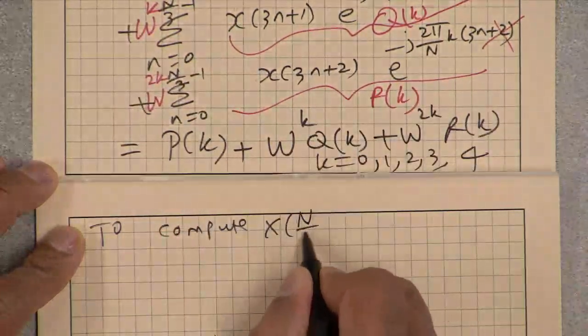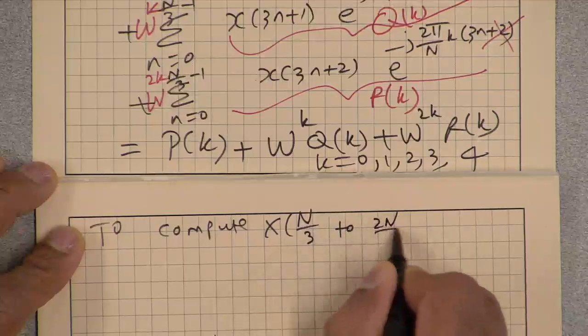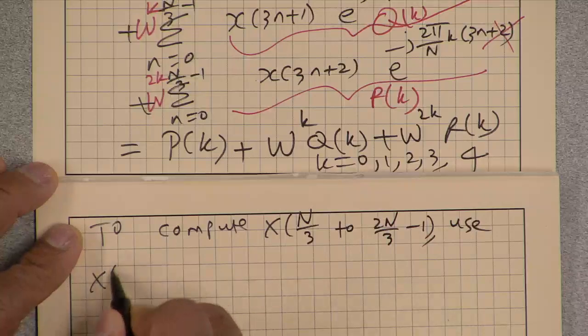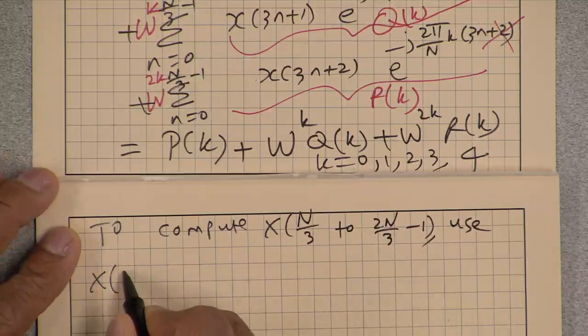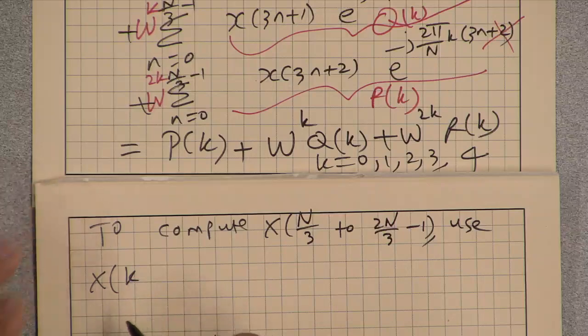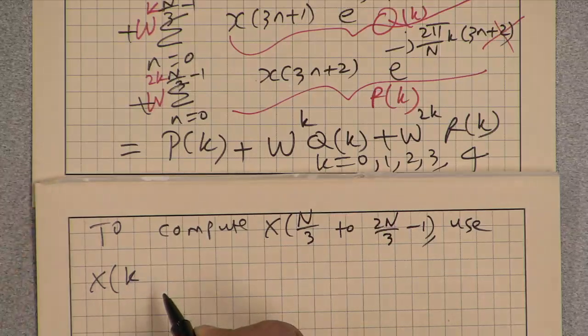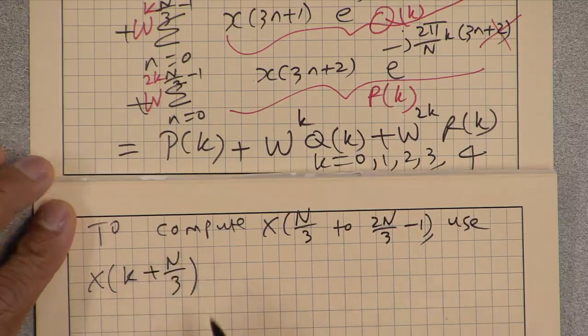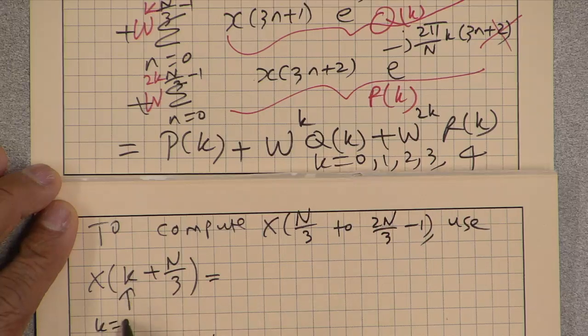Then to compute XN by 3 to 2N by 3 minus 1, use Xk plus N by 3, which would be k equal to again 0, 1, 2, 3, 4.